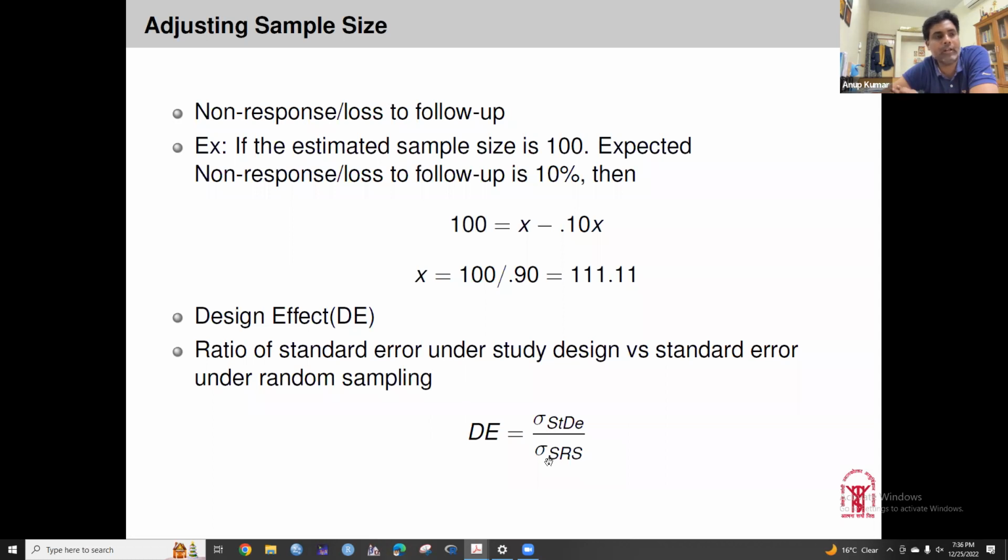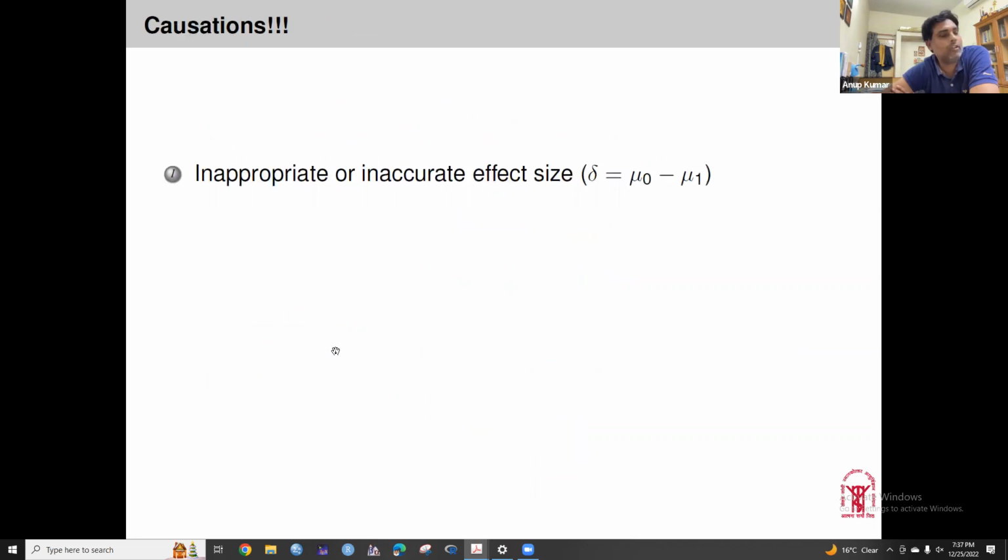So usually, in a nutshell, you should multiply your sample size by 1.5 or 2 or 3 if you are not using random sampling. So it will just adjust the design effect.